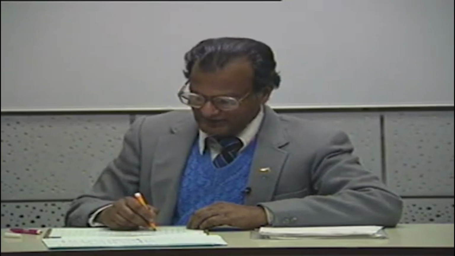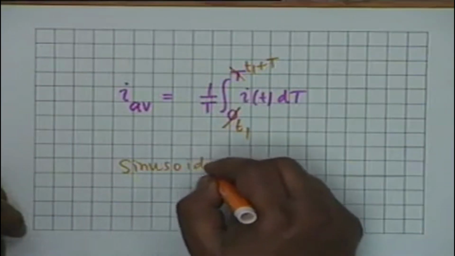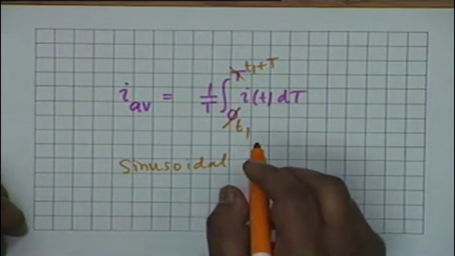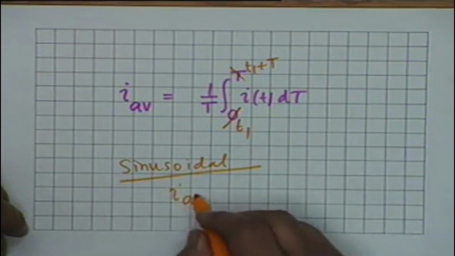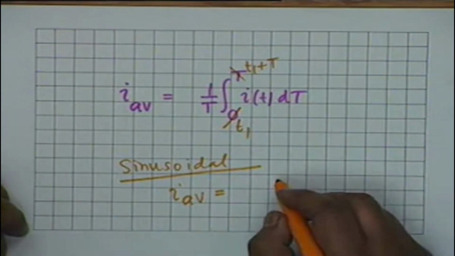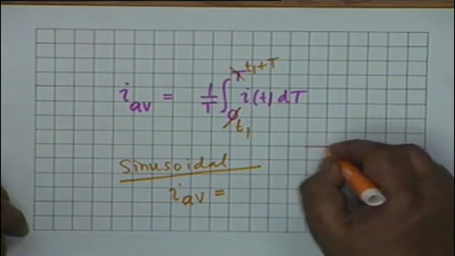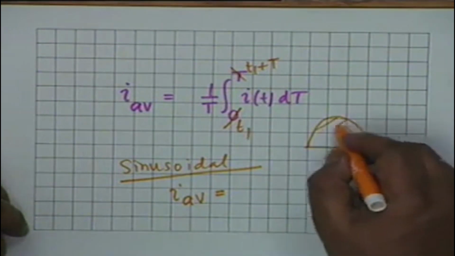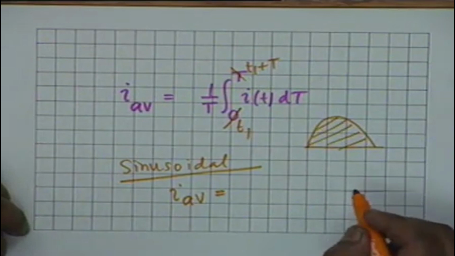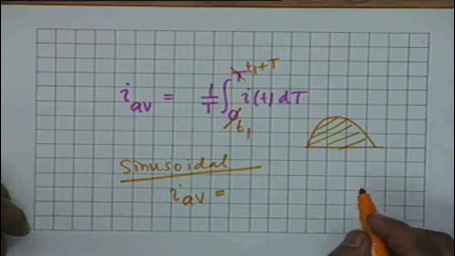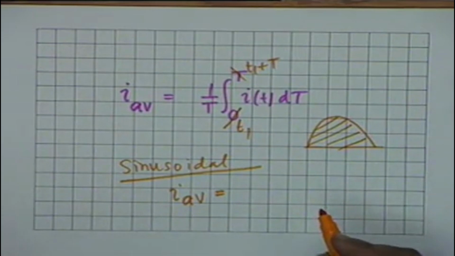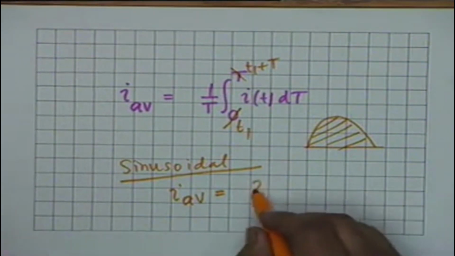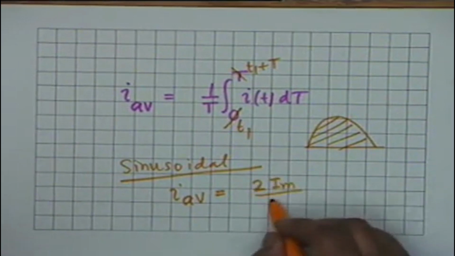Alright. Now, since in a sinusoidal waveform the average value is 0 counted over one period, the average value is usually calculated over half a period. So for a sinusoidal waveform, I average is calculated over half a waveform. That is, you take half of the waveform, the positive cycle, find out the area, and then divide by T by 2, and you can easily show that this is given by twice Im divided by pi.